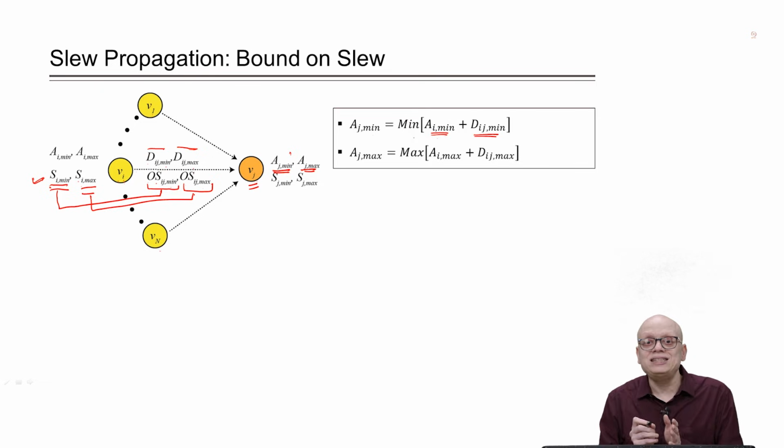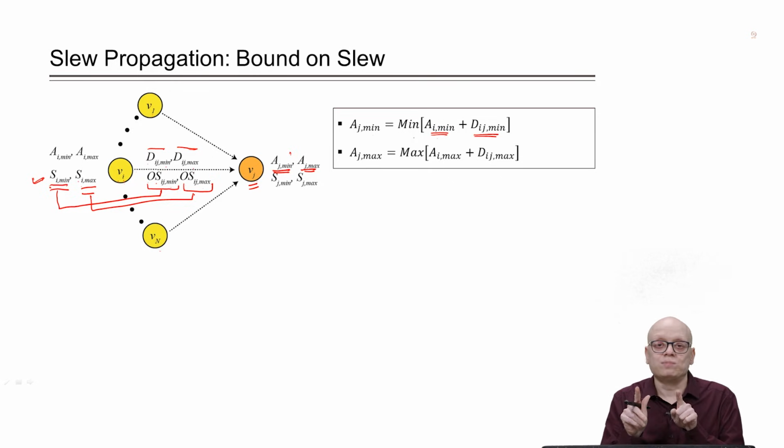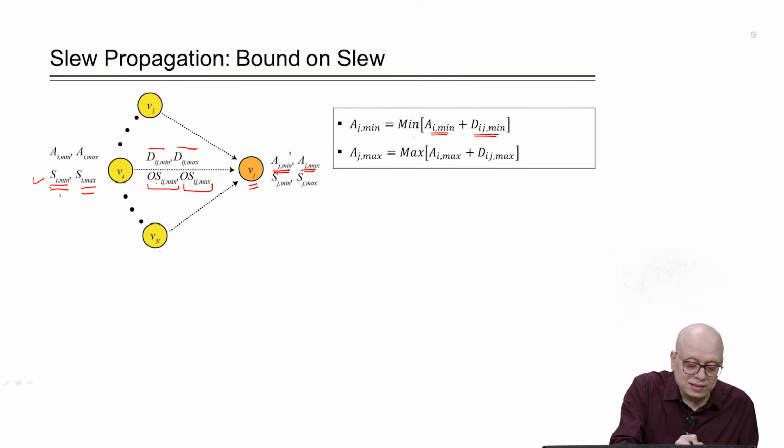So, each edge will now have, rather than one delay number, two delay numbers corresponding to two bounds on the input slews. Similarly, the output slew will not be one number, but two numbers corresponding to two bounds on the input slew, right.